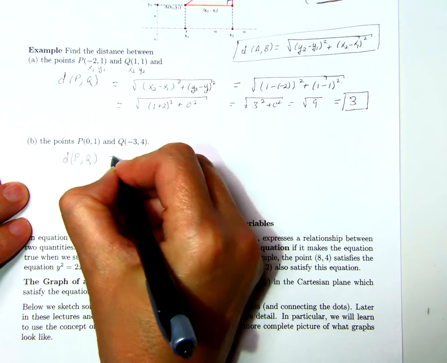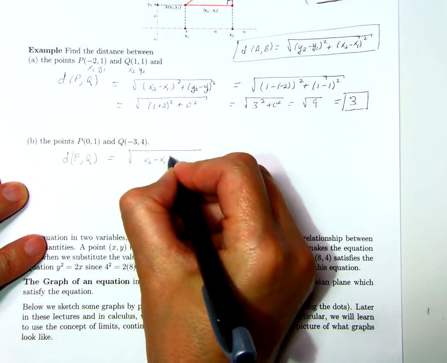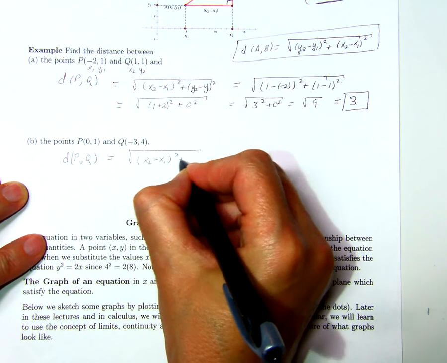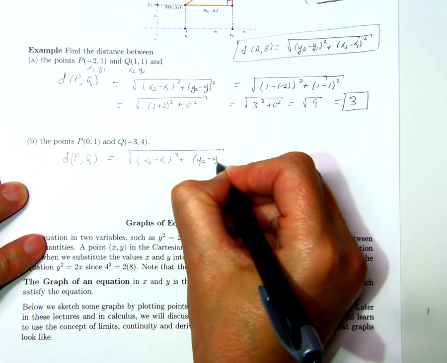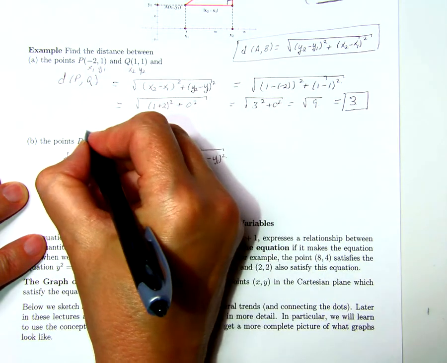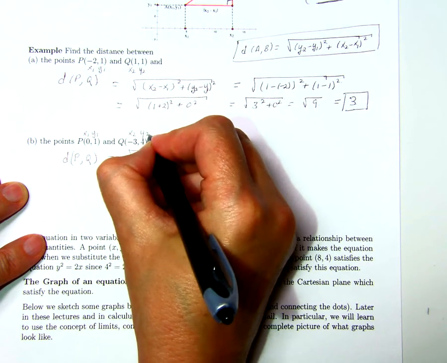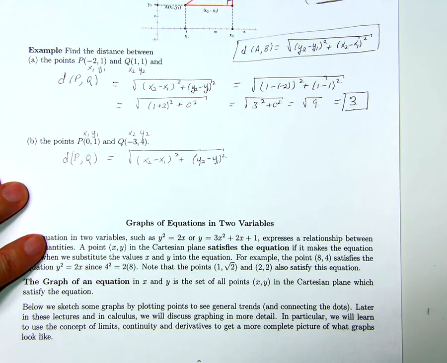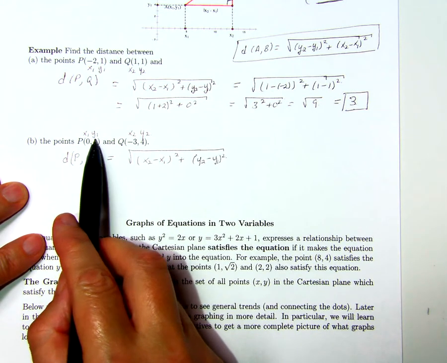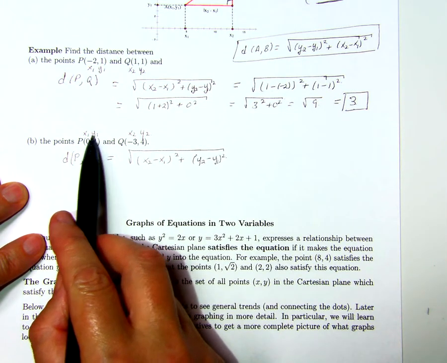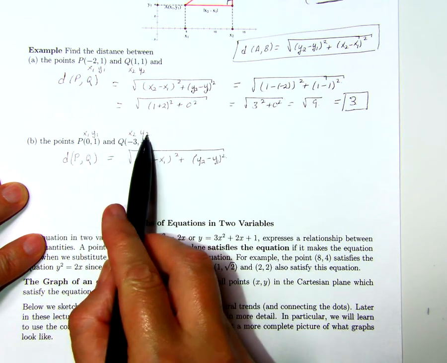Again, we have our formula, and we should label our points x1, y1, x2, y2. It doesn't matter which one becomes x1, y1, but it does matter that you keep the x1 with the y1 and the x2 with the y2.